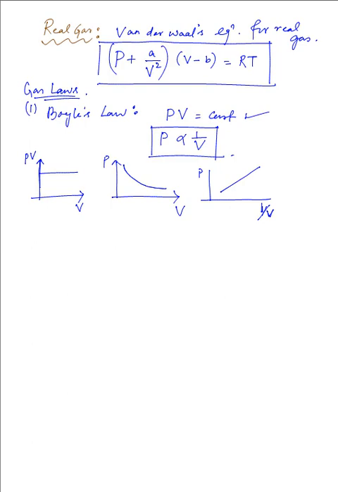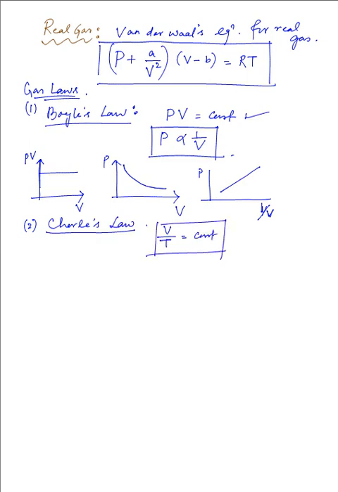Then up next we have Charles's law. As discussed earlier, the volume by temperature at a given pressure, that is at constant pressure, is equal to a constant, or we have V proportional to T. If we were to do the graphical analysis, it's almost the same case.